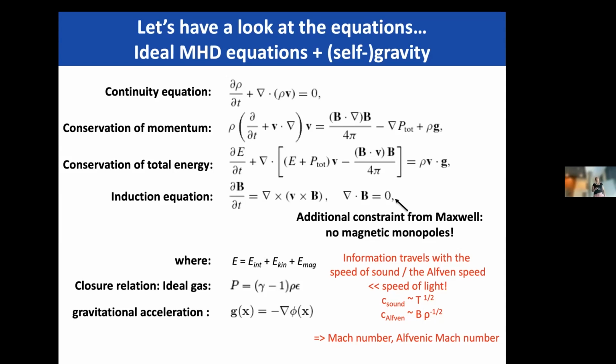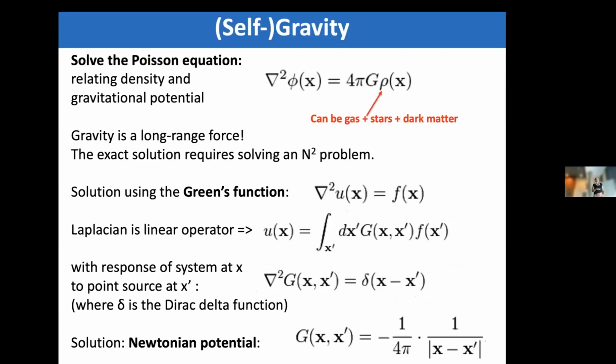Now, when it comes to the gravitational acceleration, we are not local anymore because we solve the Poisson equation, and that's an elliptic differential equation. And because it is an elliptic differential equation, basically the solution depends on the whole field. So the solution for the gravitational potential depends on the density everywhere in the computational domain. And it's just because it's a different type of differential equation. And this is also why gravity is so tricky to solve.